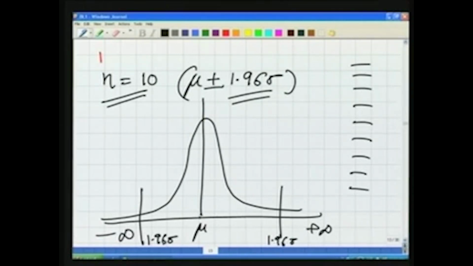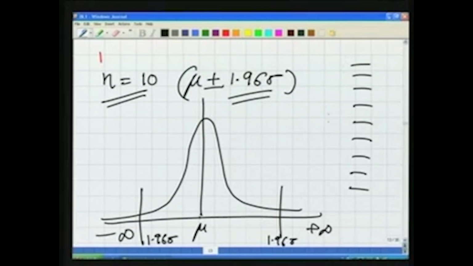So, how to attack this problem? If you have got the data, how to answer this question? Well, first of all, you find the mean of the data. Let us say I am writing the mean again as mu. So, we can find the mean, no problem about that. Also, we can find the sigma. You know how to find the standard deviation. Then, how many observations are there? You know it, the value of n.